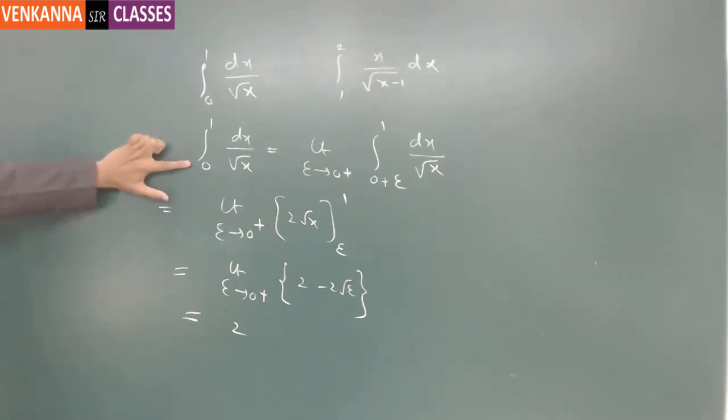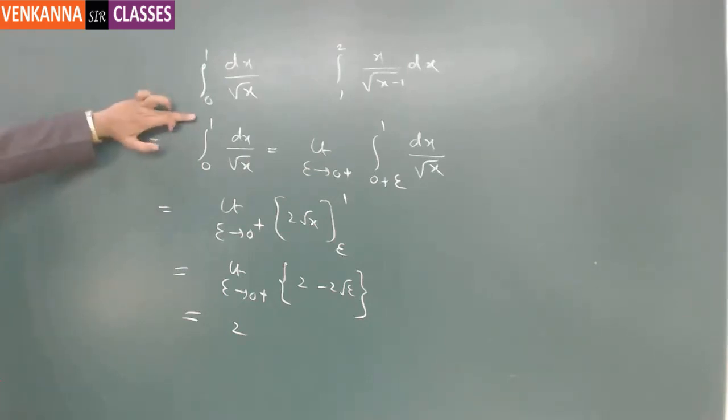So while taking the lower limit as the point of infinite discontinuity, we use limit epsilon tends to 0 plus, lower limit plus epsilon. If the discontinuity occurs at the end point, in such cases we take limit epsilon tends to 0 plus, upper limit minus epsilon. Suppose 1 is the point of discontinuity, let me say. So limit epsilon tends to 0 plus, integral lower limit to 1 minus epsilon in the upper limit place, and we do the same thing.